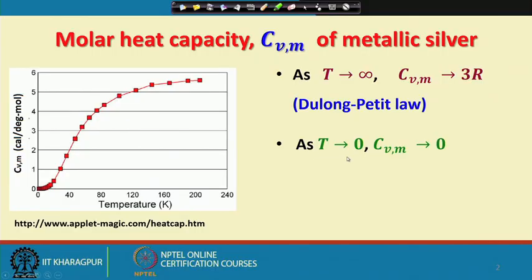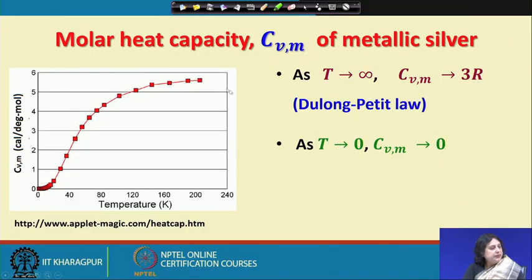Now, what happens if I go down to lower temperatures? When I go to very low temperature, as T goes to 0, from this constant value the CV rapidly drops down to 0, and at absolute zero it is expected to be very small and nearly 0.